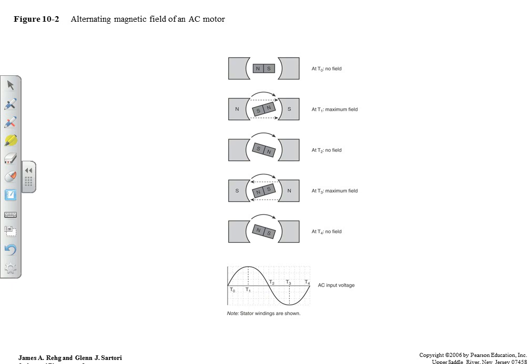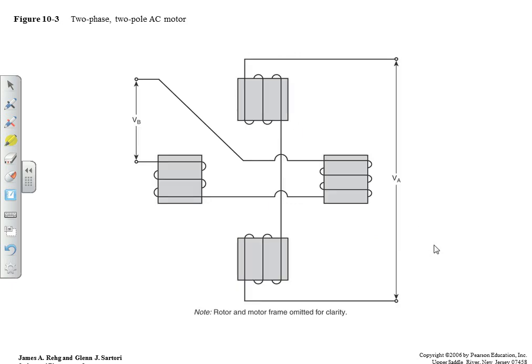I started moving. An object in motion tends to stay in motion, right? So it stays in motion, rotates through a little bit. Now I start building up the north and the south the other way. I have maximum north, maximum south at my peaks. I don't have as much when I get towards zero. So that's what I'm doing. I'm alternating the magnetic field, making the rotor rotate in the middle.